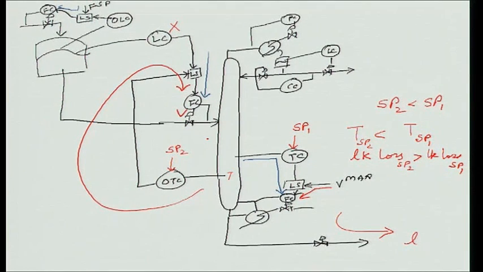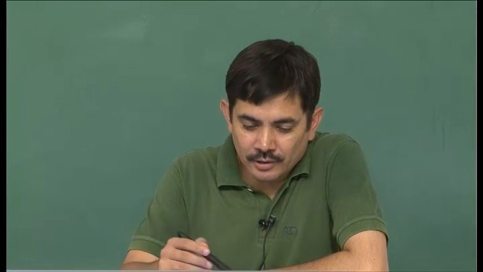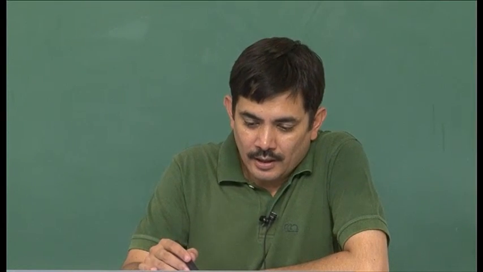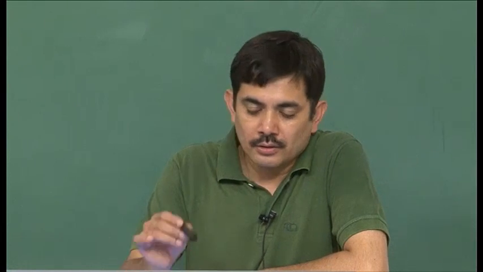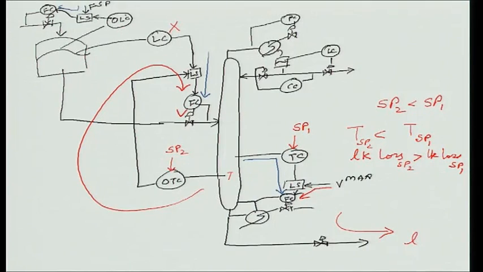So, since level control is lost, the level of the tank will keep rising, and as the level of the tank is rising, the override level controller will say decrease the feed, and ultimately this signal will go below the set point being set by the operator, and therefore you will have this going through. So, do you see how it works?